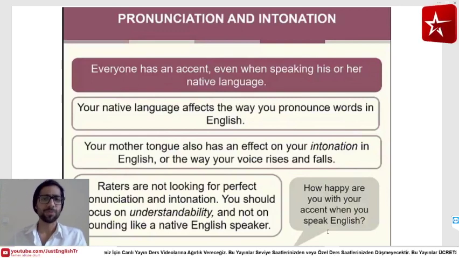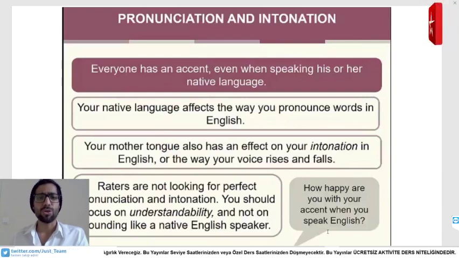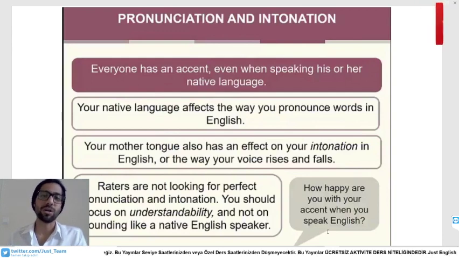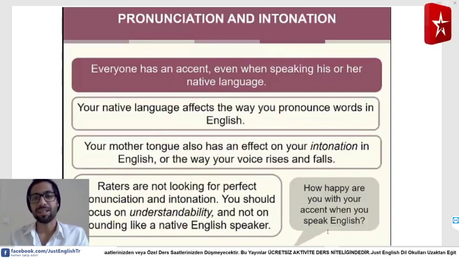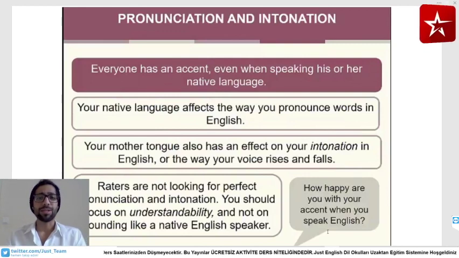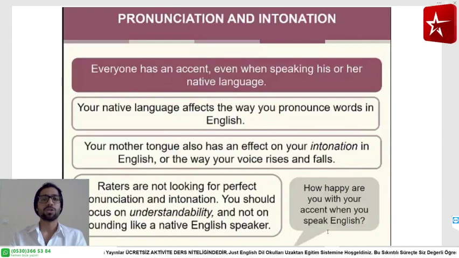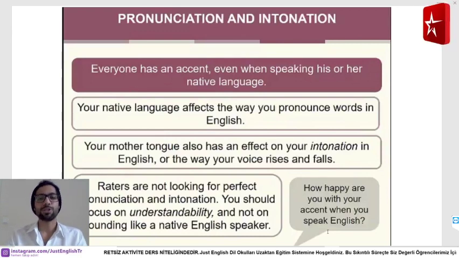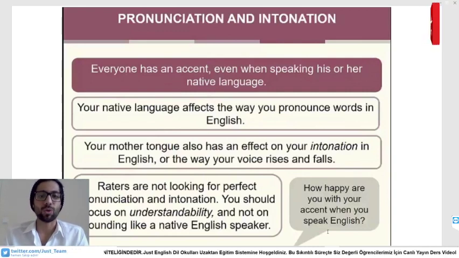Now, for Turkish students, they've got the letters th, the, or the. Those letters can be a bit hard for Turkish students. The other way, you've got V and W. Some students have a problem with V and W. Now, spelling, on the other hand, you've got a problem with I, E, and A. Some students, if not all of them, get confused when I spell a word or a letter.